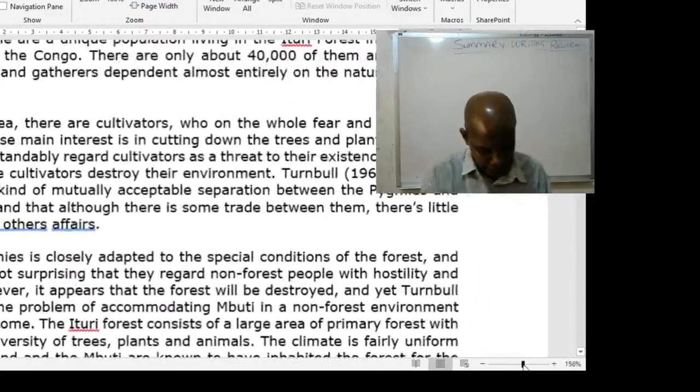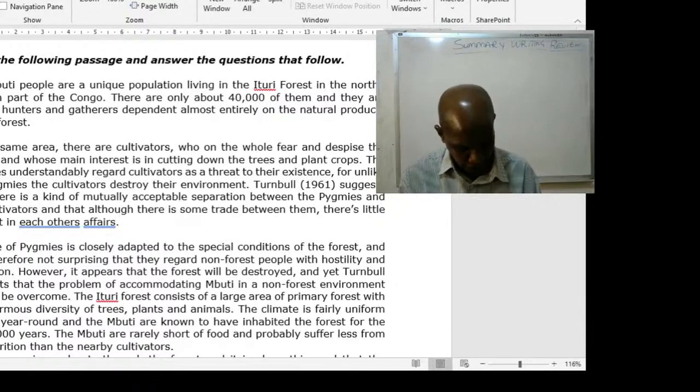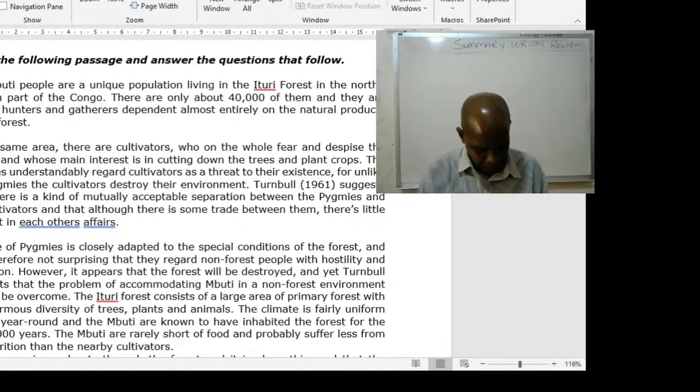Turnbull is, for your information, the writer of that article. He was giving his views on the life of the Mbuti pygmies and showing why they value the forest. So your task is to simply give us the ideas of Turnbull. Why does he think that the forest is valued by the Mbuti pygmies?